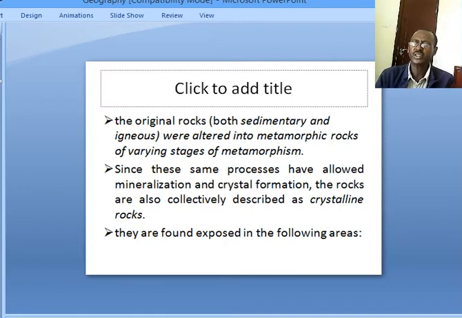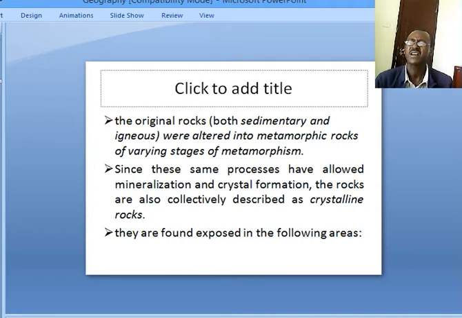We have first the sedimentary rocks, formed by the settling down of sediments, and also igneous rocks, formed from high heat. And finally, these rocks, after many years, will harden and form a metamorphic rock. So metamorphic rocks are rocks that are changed either from sedimentary or from igneous rocks.